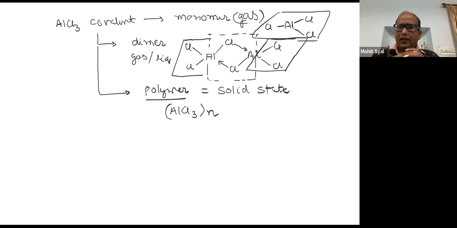If you heat it, it is going to melt, and all the molecules which were combined in polymeric form are going to break into dimeric form, and if you heat it further, it is going to form a monomeric form. Okay, so this is AlCl3.